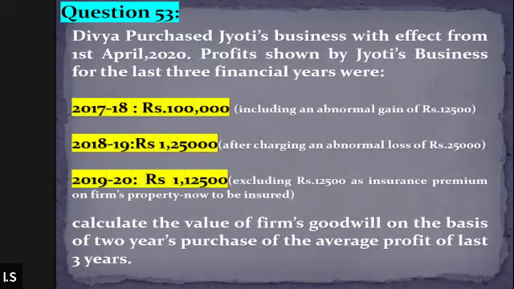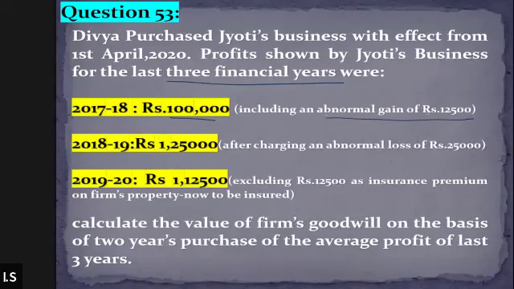Okay. All right. So let's start with question 53. This question is saying that Divya purchased Jyoti's business with effect from 1st of April 2020. Last 3 years' profit is given in the question. Profit for the year 2017-18 is 1 lakh, including an abnormal gain of 12,500.